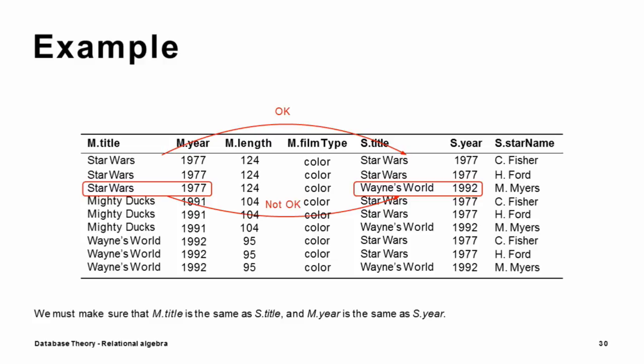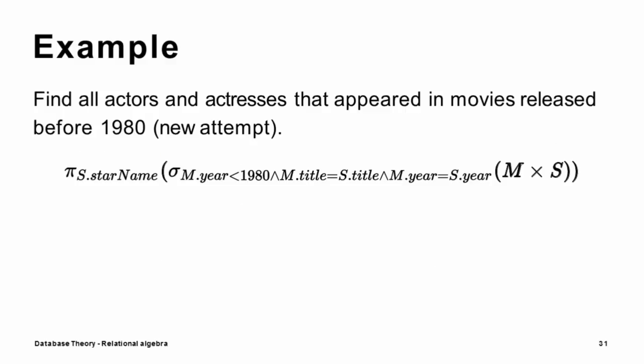So if we add an additional part of that condition telling that selection that, okay, those two titles must be the same. The title from the movies and the title from the Stars In, they must match. Because if they don't, then something is wrong. So have a look at that selection.